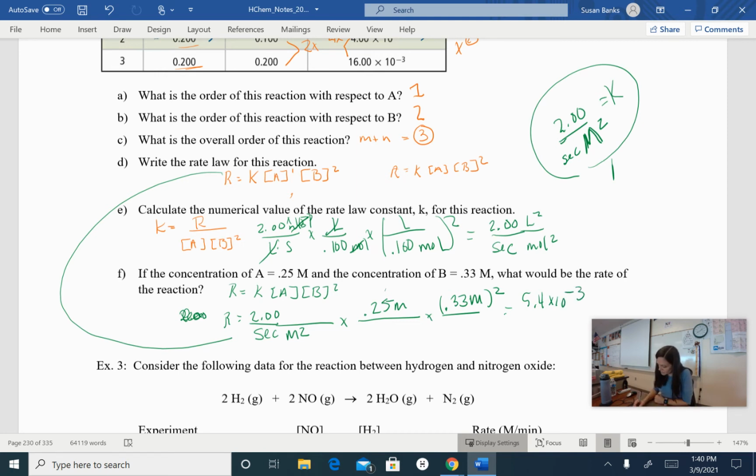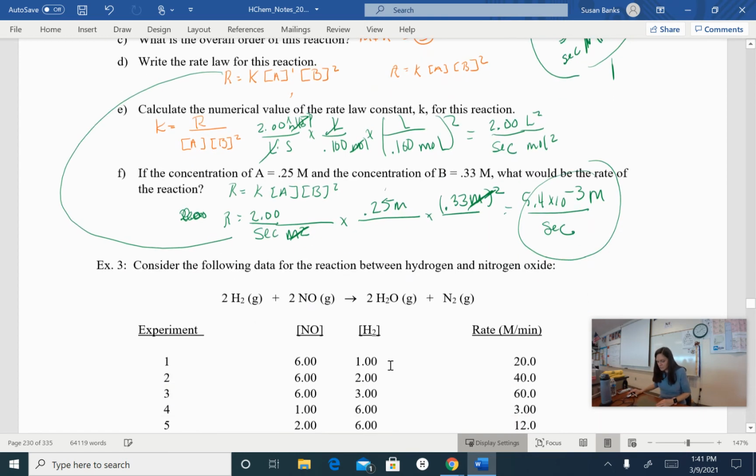Let's look at my units. My molar squared cancel here. So I'm going to get molar, or moles per liter per second. And that's what I should get for a rate. I should get molarity, moles per liter per some unit of time. So there we go. All right, let's do another example.